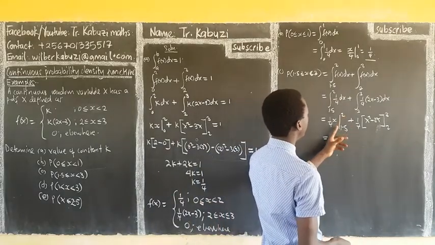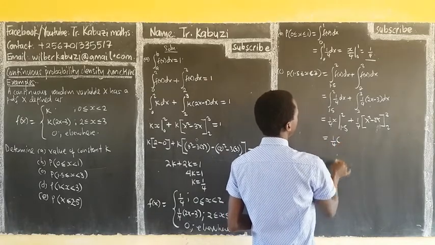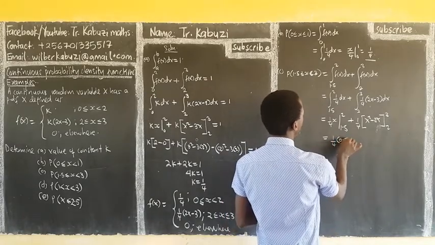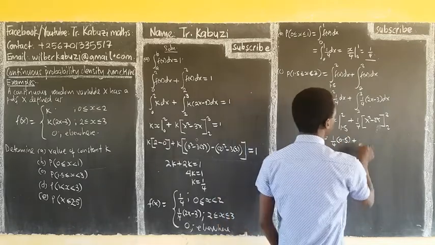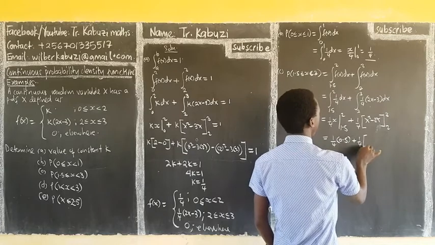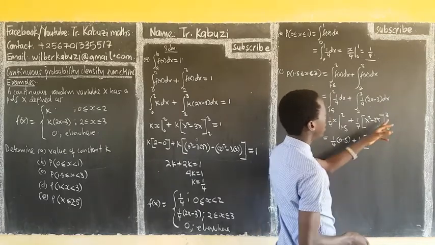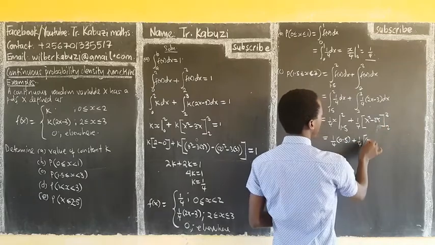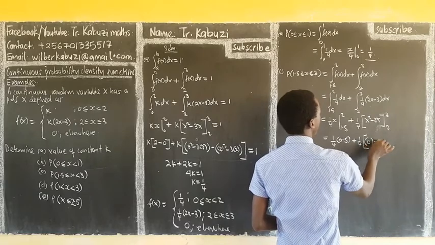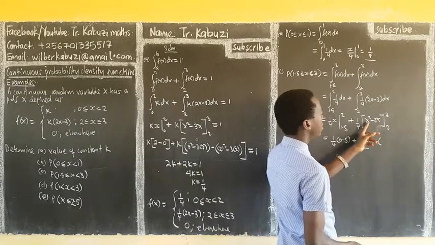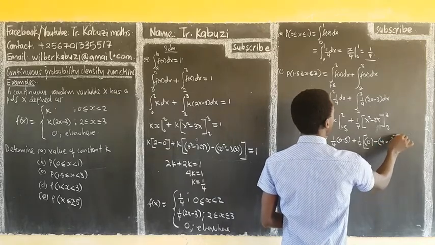So this will be 2 minus 1.5, it will be a quarter into 0.5, then plus, after substituting and subtracting, a quarter into, when I put in 3, I get 9 minus 9, it will be 0, then minus, when I put in a 2 here, I get 4 minus 6.